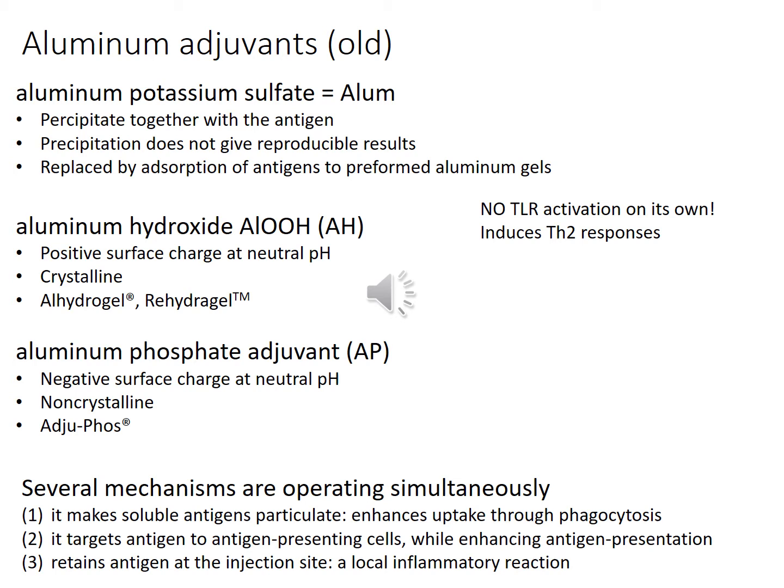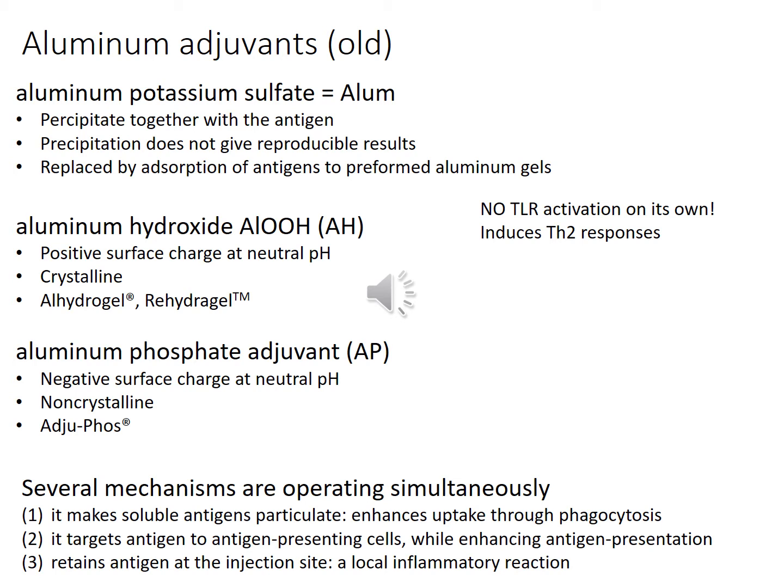So the hydroxide has a positive charge on it at neutral pH, and you must inject this at neutral pH. This means that it may be more beneficial for antigens which are negatively charged, which have their isoelectric point at the negative part.